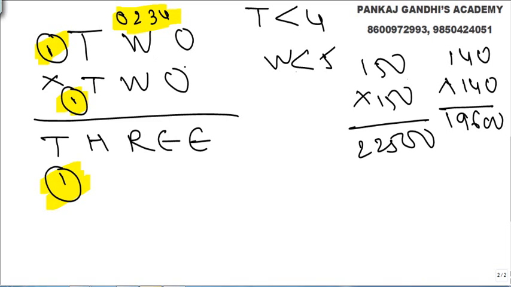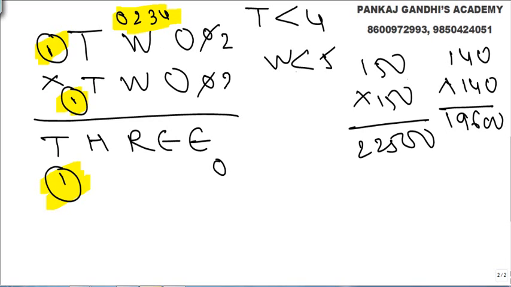Now, we need O into O, a different digit. What we can check out here, O into O, last digit is E. Now what can be O? If we say O is 0, 0 into 0 will get 0. Last digit of O into O will get 0. Not possible.